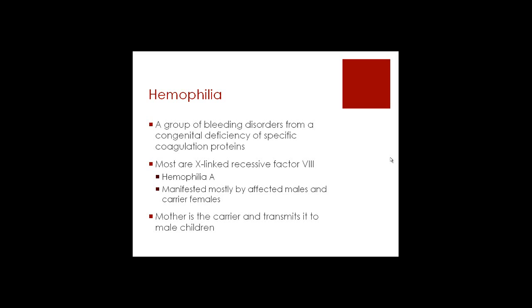There's hemophilia A, and it's manifested mostly in males and carrier females. The mother is the carrier and transmits it to her male children. Currently it affects about 1 in every 5,000 male births. There's about 20,000 males in the United States living with the disorder.